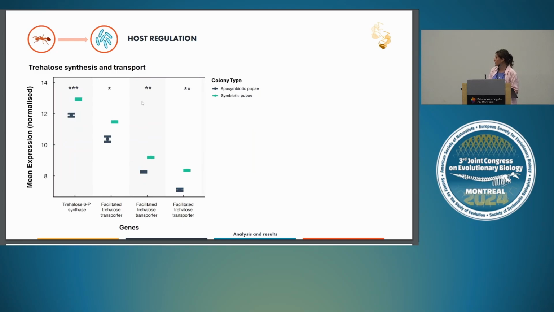And then what we also found, which was interesting, was that there was an increase in the synthesis of trehalose. Trehalose is an insect-specific sugar that the symbiont actually can't directly use itself. But we saw definitely a high significance of a synthesis of this sugar and also transport of this sugar around the host.